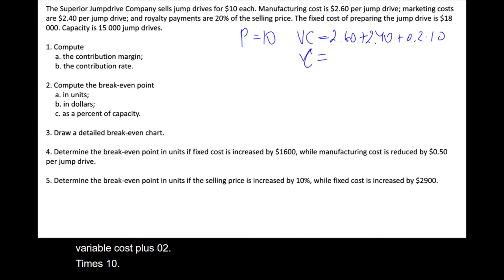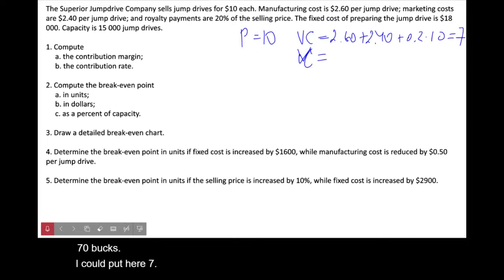So variable cost is, let me calculate, 260 plus 240 plus 2, right? It's $7. I can put here 7, just to save some space.